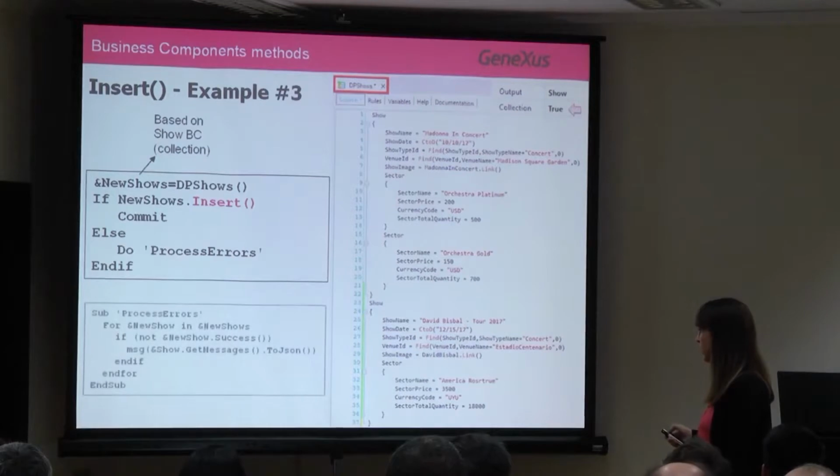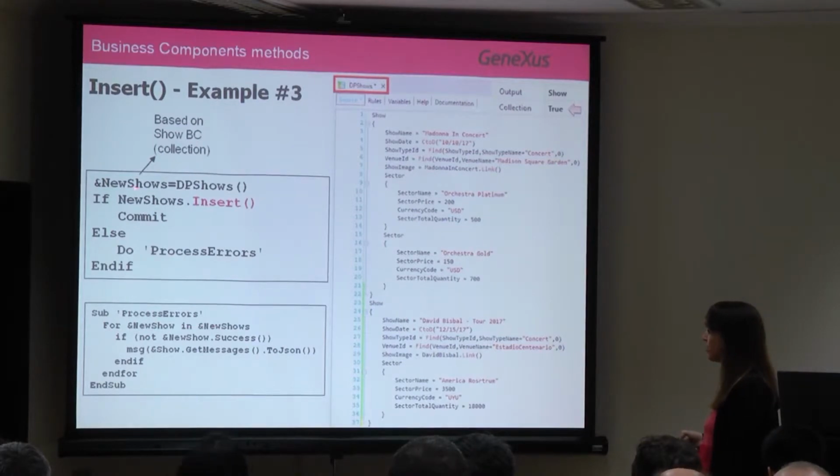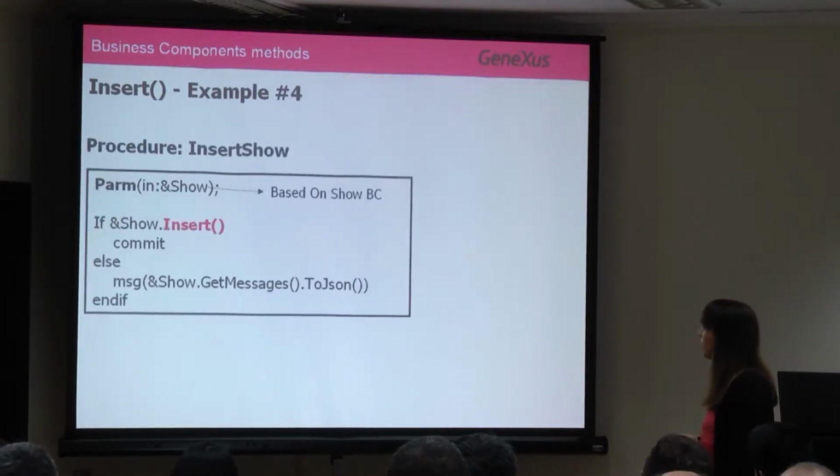Here I have a subroutine, because since there are n shows, I have to do the iteration of each one of the shows in this collection in order to see what happened if it was not successful, because maybe some are inserted and others not, and it's necessary to extract the messages from each one.